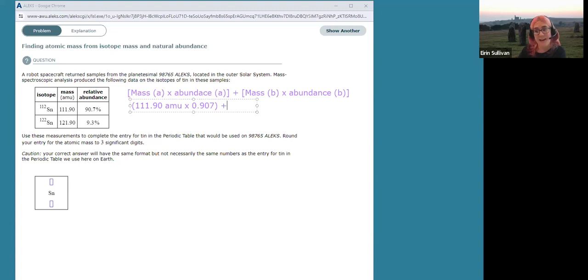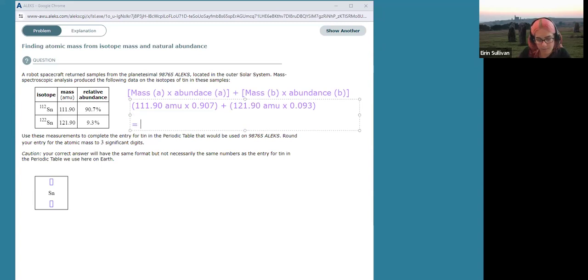Okay, and then I'm going to add to that whatever my second isotope is, which is tin 122. So the actual mass in AMUs of that is 121.90 AMU. And I'm going to multiply it by the decimalized relative abundance, which is 0.093. Okay, I should get a number out of that. It's going to be in AMUs.